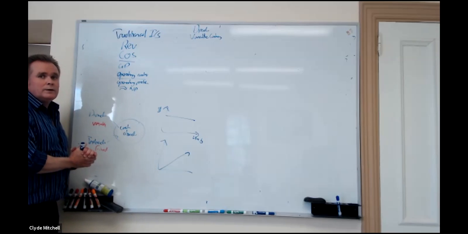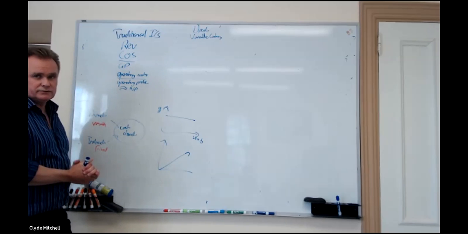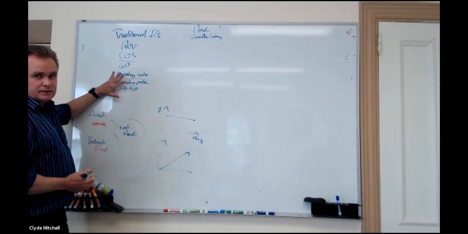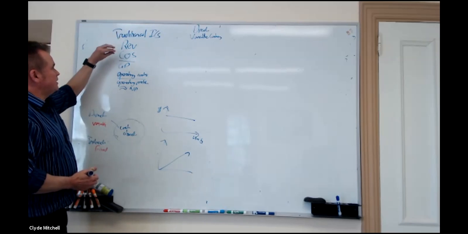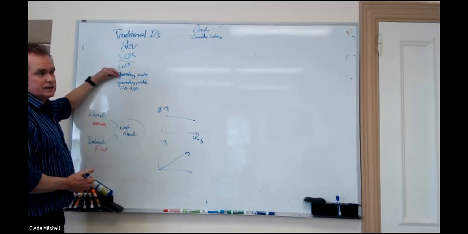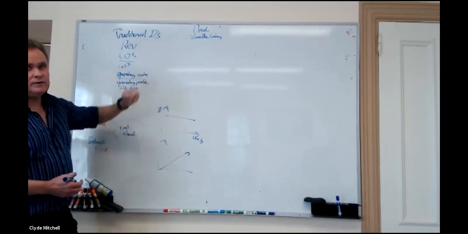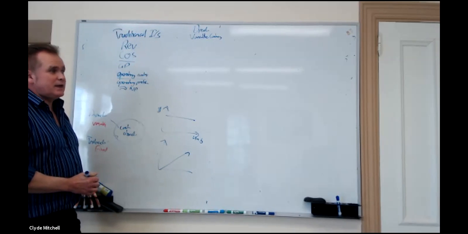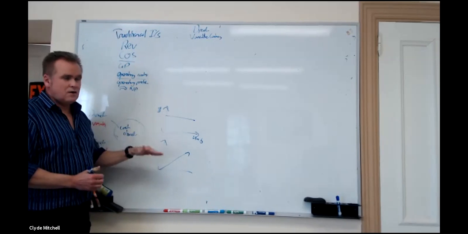Now, we don't do that in this alternative approach. This income statement is based on function: manufacturing, admin, and selling. The direct or variable costing income statement is based on behavior, fixed or variable.